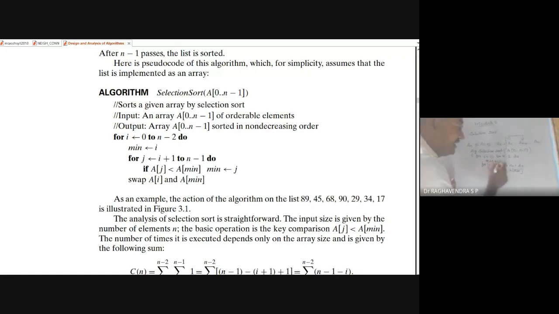Initially it was i, so it has to be changed to j. If it is true, then min equals j. Then, swap both A of i and A of min.